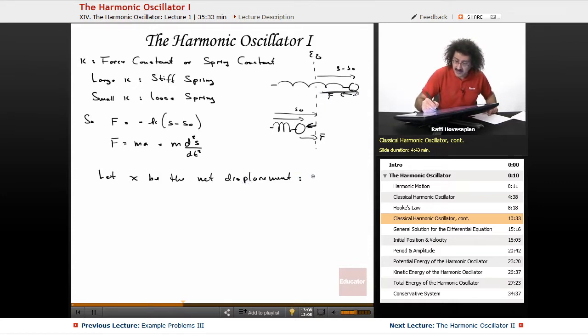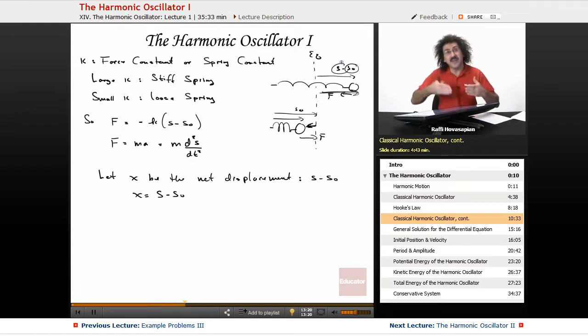In other words, it is s minus s0. So mathematically, we're going to let x equal s minus s0 because we're ultimately concerned with, so s0 is the initial, s is the final. The difference between them is the displacement. Okay, so x equals s minus s0, which means that s equals x plus s0.